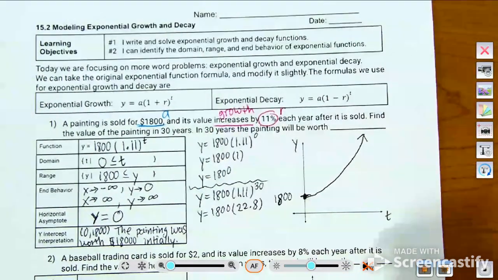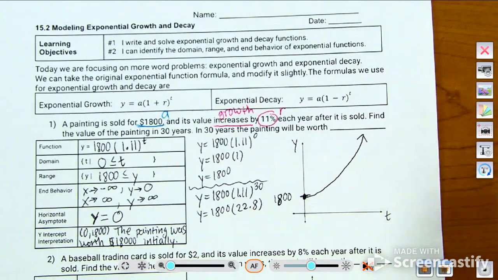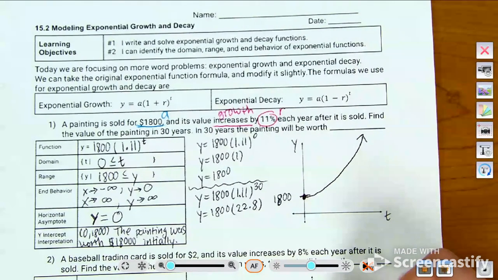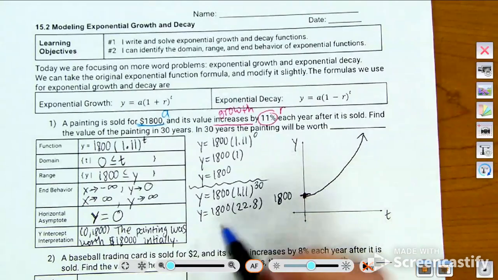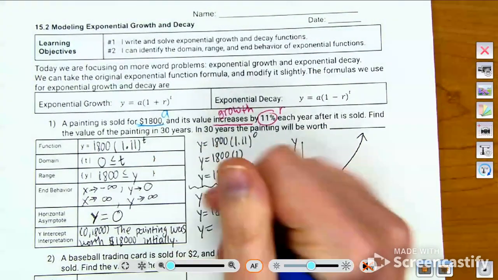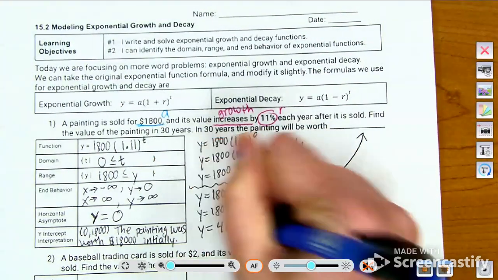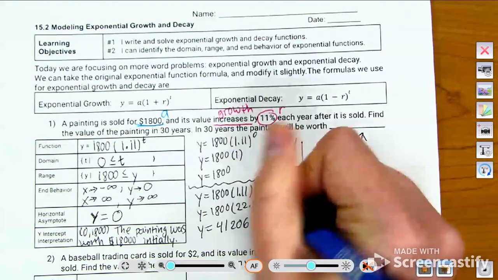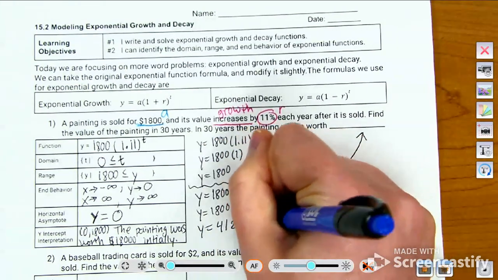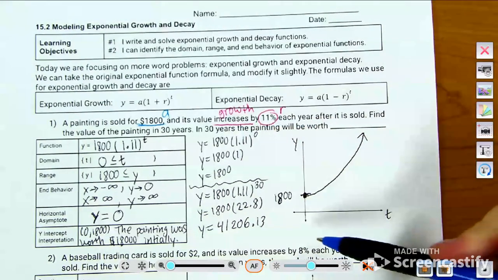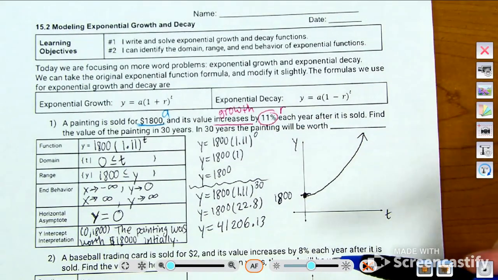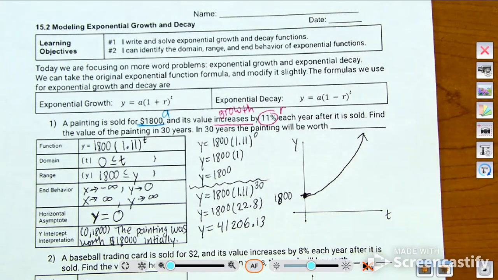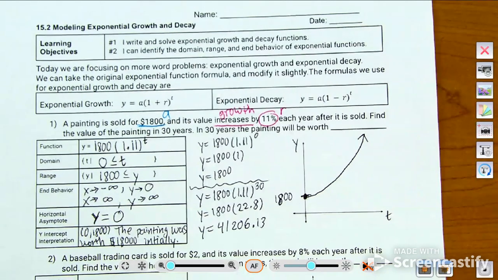I am rounding it off just because otherwise it would go on for a while. And we can go ahead and again use a calculator for this. We'll get y equals 41,206.13. Since we are working with money, we do want to make sure to round off to 2 decimal places because we don't have any more digits when we're talking about cents.